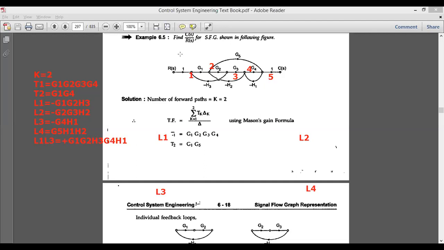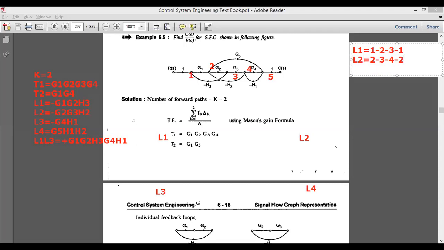I will make it more clear. Just look here. I will write separately in terms of L1. So the first loop will start at point number 1, then it goes to point 2, it goes to point 3, and it will come back to point 1. Correct? Then I'm writing the node numbers here. This is the first loop. The second loop, L2, starts at point 2, point 3, point 4, and point 2 again.